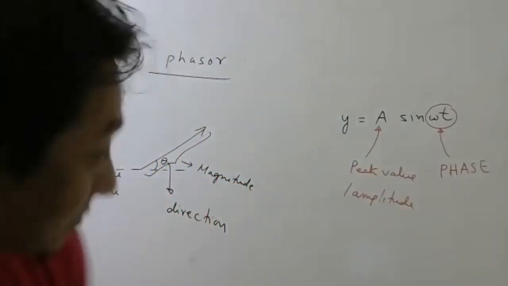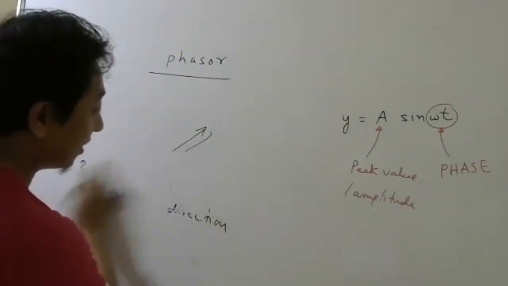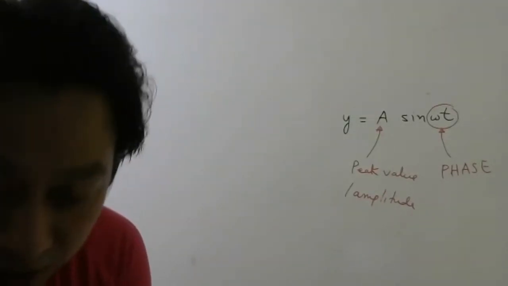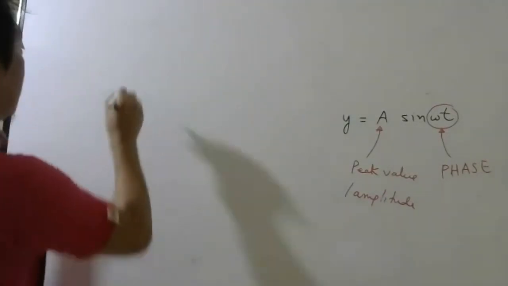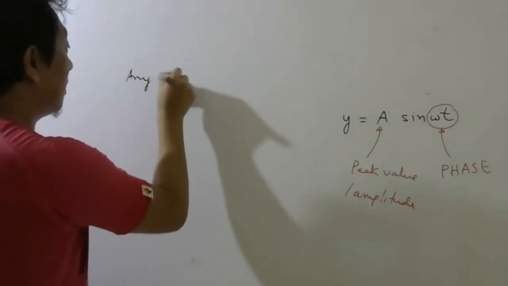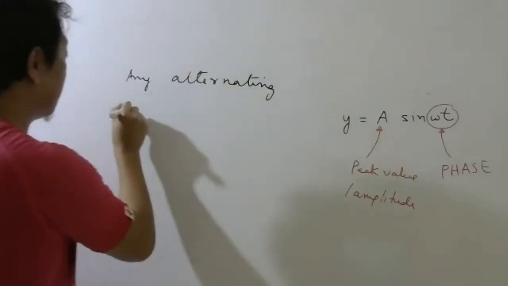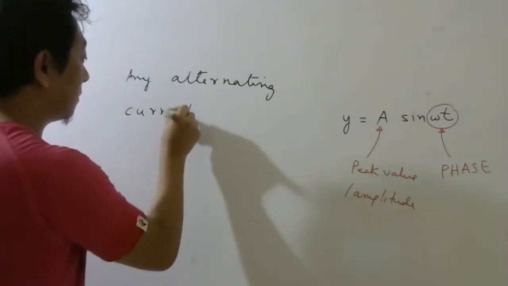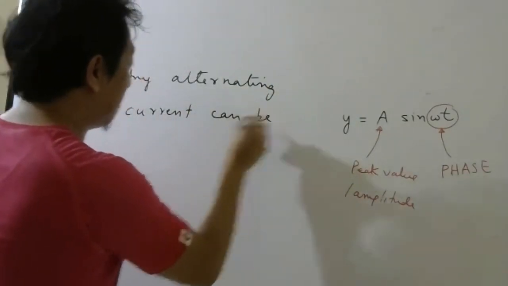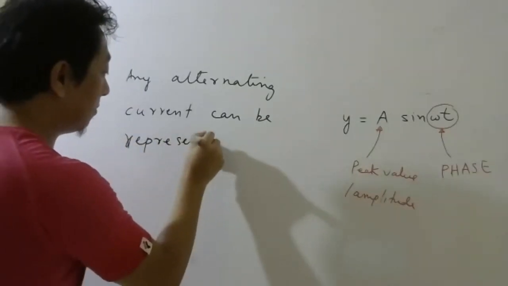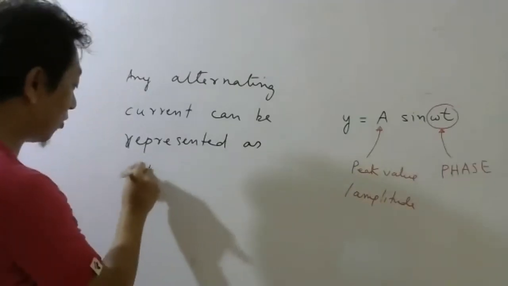So since the algebra is very similar, please write down, any alternating quantity can be represented as follows.